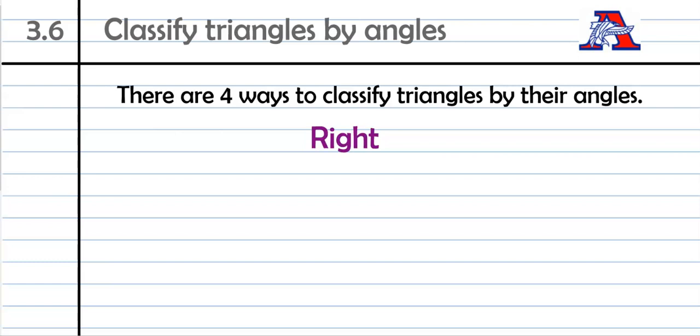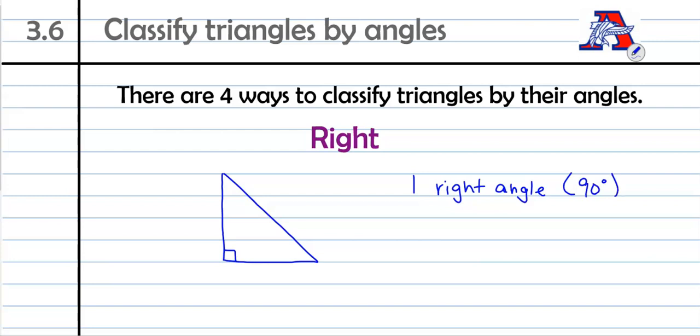The first way to classify a triangle by its angles is a right triangle. A right triangle is going to have one right angle. And as you know, a right angle is a 90-degree angle. Okay, so it'll look like that.